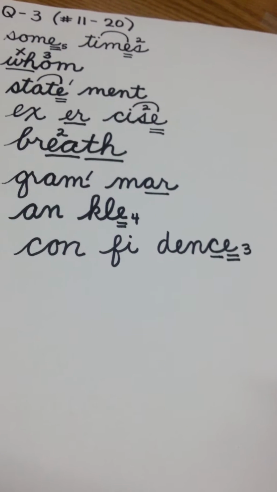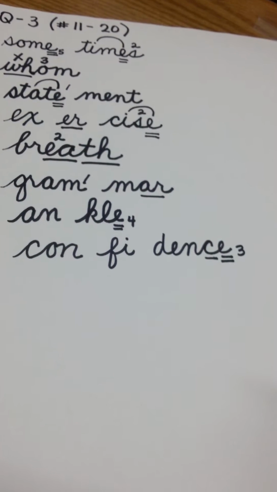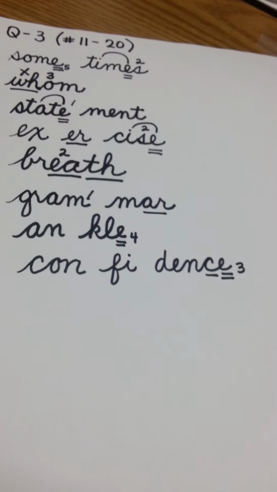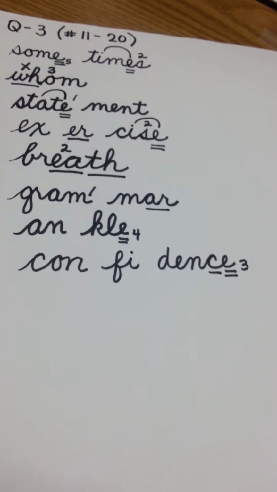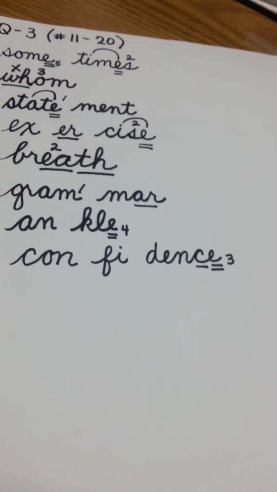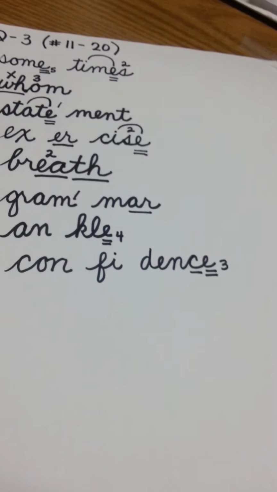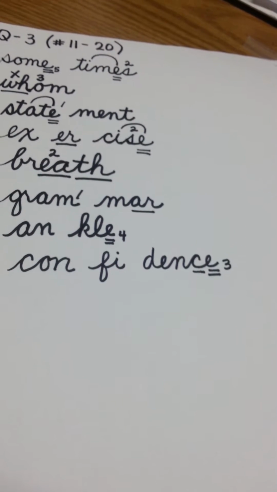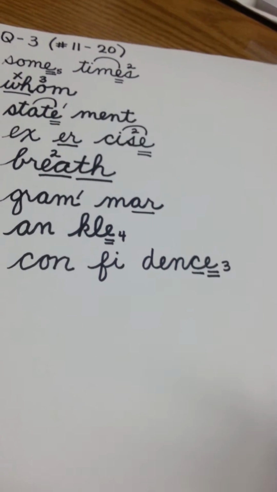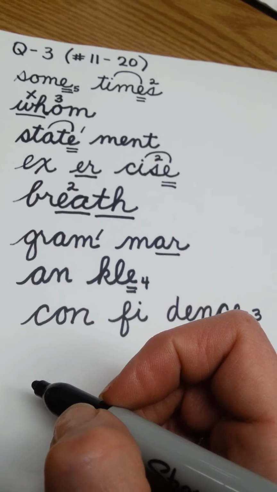The next word is glorify. Man's chief end is to glorify God and enjoy Him forever. Glorify. Syllables: glorify, 3. We say glorify. We want to think to spell glorify. Your turn.